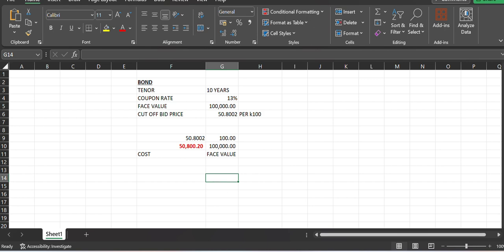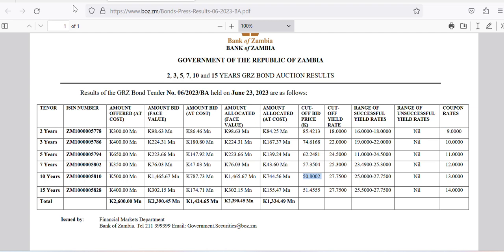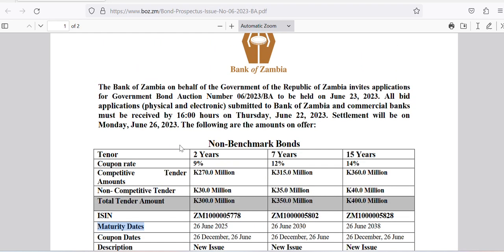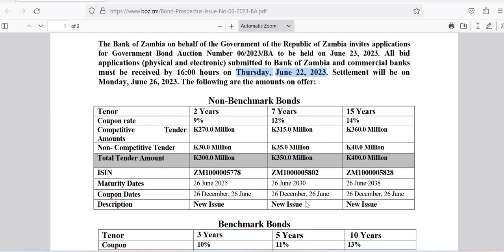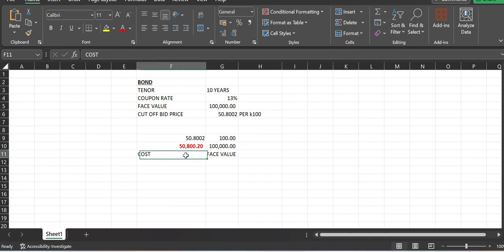So what that means is that on the settlement date, let's go back to the settlement date. The bond auction will happen on June 22. If you bid that you want a bond for 100,000 kwacha, on the settlement date, which will be the following Monday, what they will take from your account, what you will invest, is 50,800.20 kwacha.